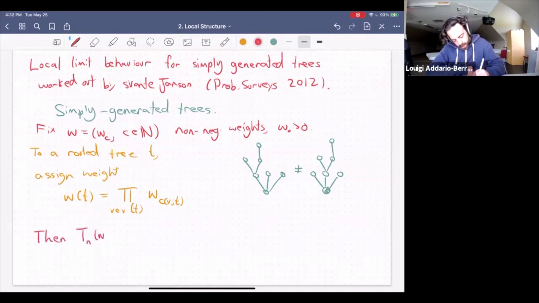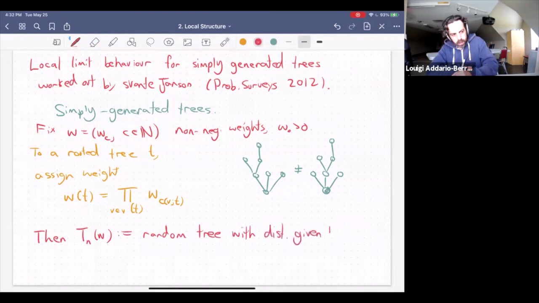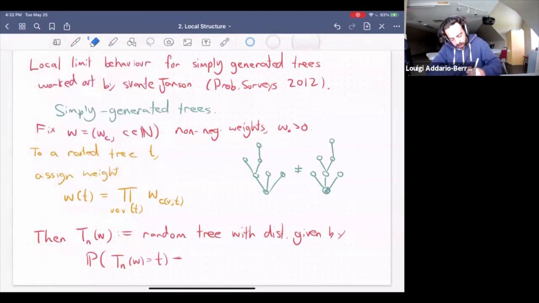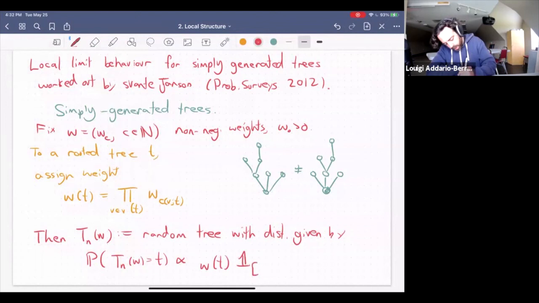And then we define T_n,W to be the random tree with distribution given by saying that the probability that T_n,W is T is proportional to its weight. So we just pick a tree with n vertices, but insist that the total number of vertices is n.